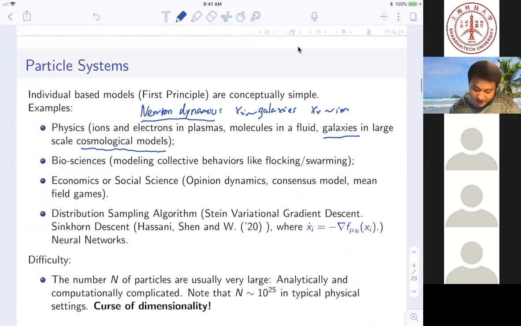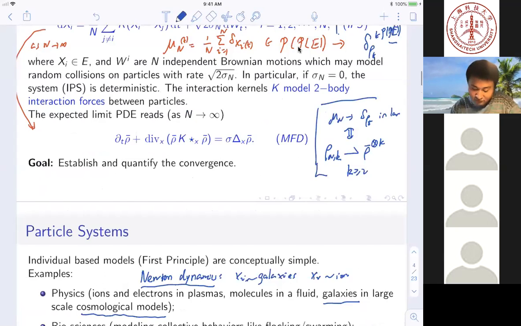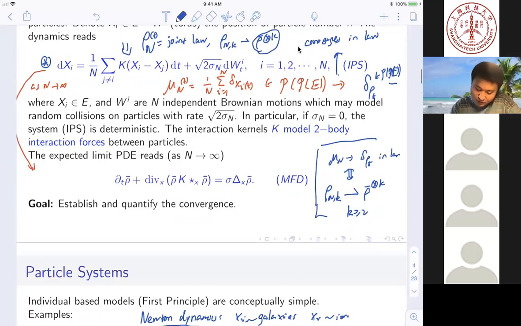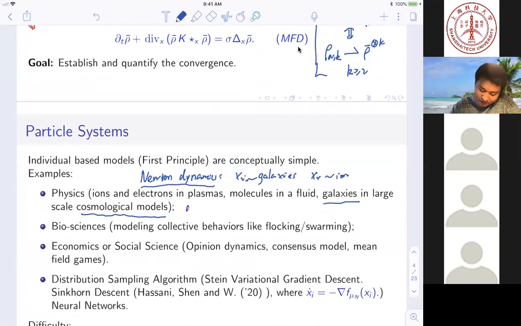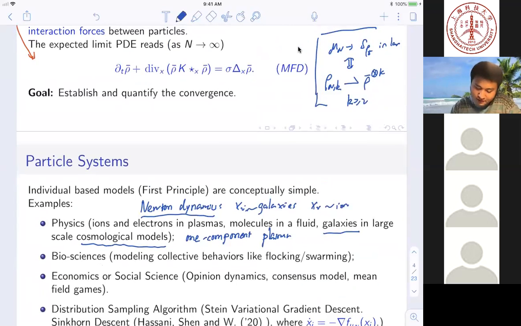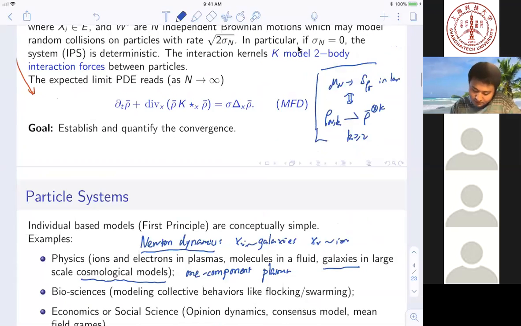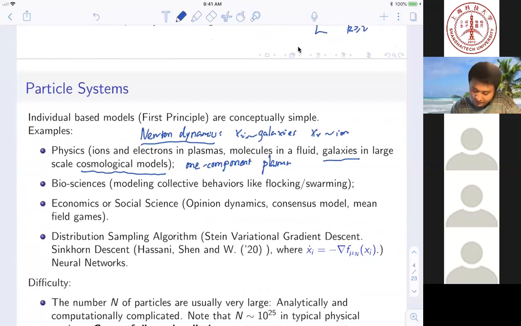But what we focus on now is not really Newton dynamics; it's first order dynamics. If you consider those IPS, it is called a one component plasma model. If we choose this K as Coulomb force, the first order system I showed you on the last page is what some people call the one component plasma model.